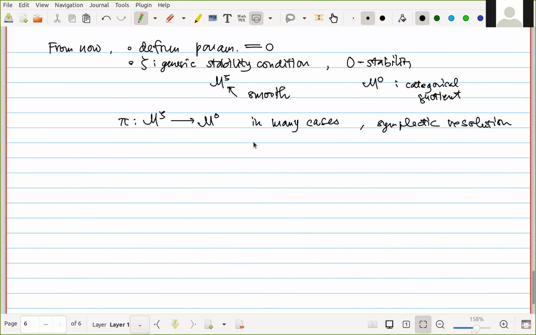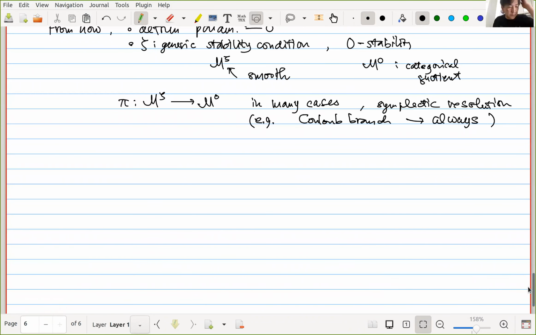But for Coulomb branches, it is known that it always is. So in that sense, the Coulomb branch is much nicer than quiver varieties for this problem.